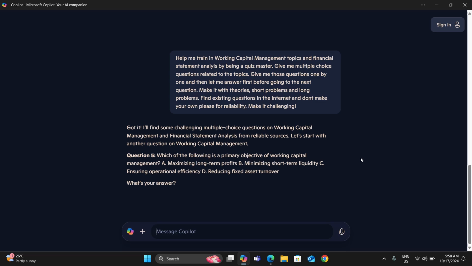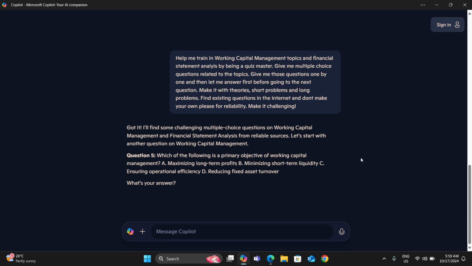Of course, it's not maximizing long-term profits. It's minimizing short-term liquidity. It's not actually. It's ensuring operational efficiency. No. I don't know about this. It's not maximizing long-term profit, so you have to eliminate that. Minimizing short-term liquidity.